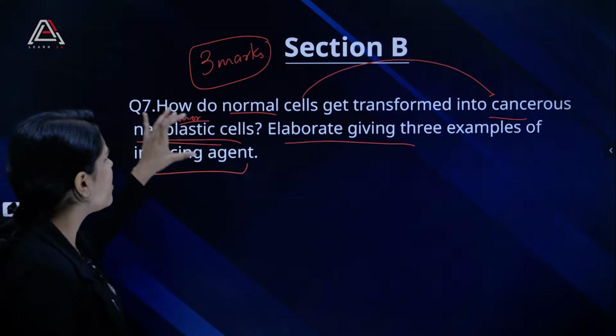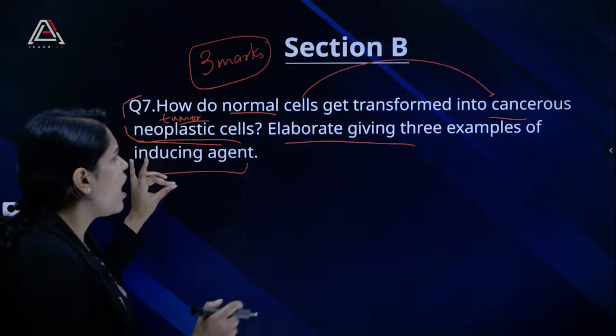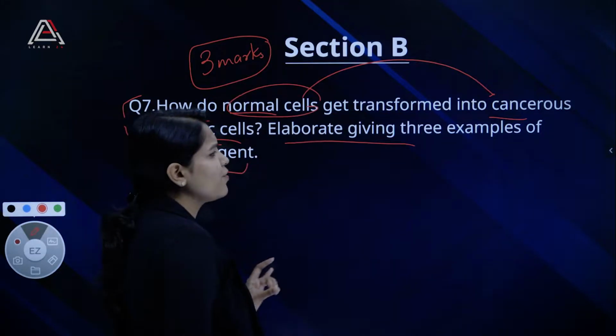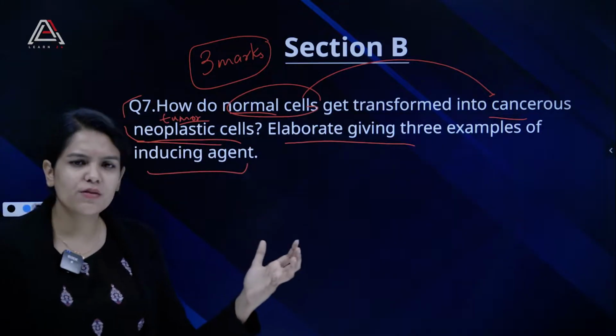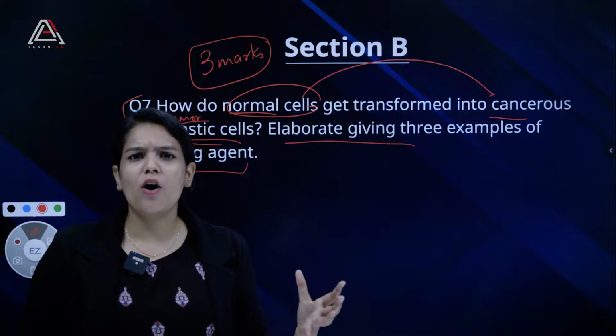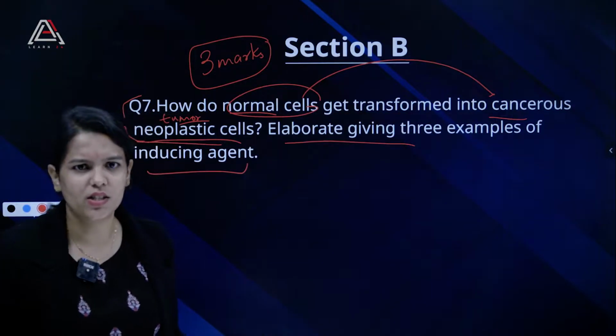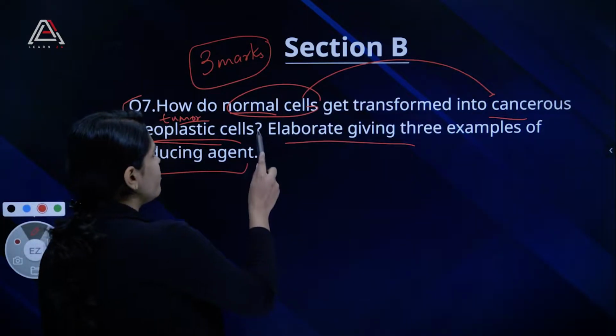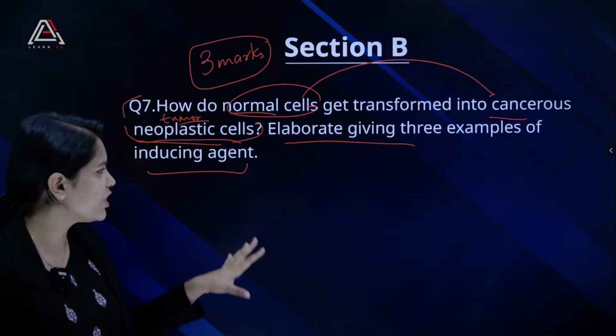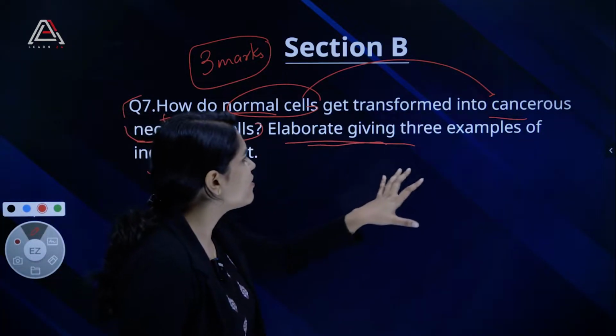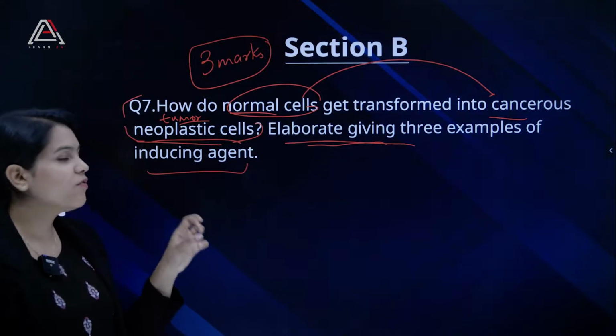In the first part of the answer you have to tell how this normal cell is getting transformed into a cancerous cell, just by using some physical, chemical or biological inducing agents, right? That is the perfect answer for the first part of this question. Next they are asking to give examples of the inducing agents.